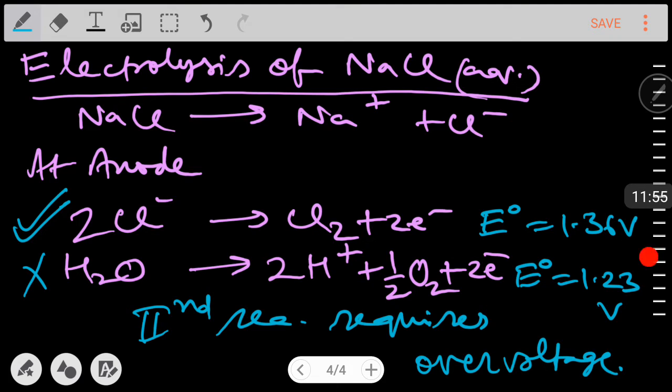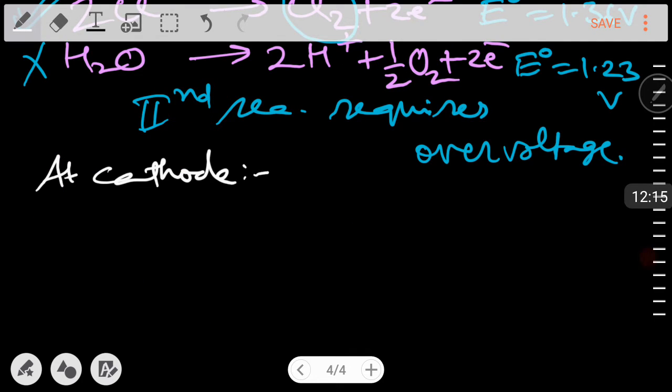That's why the second reaction, which must be with the first preference, cannot take place here. So the second preference reaction will take place. So here the product of electrolysis is Cl2 at the anode. Now at the cathode.